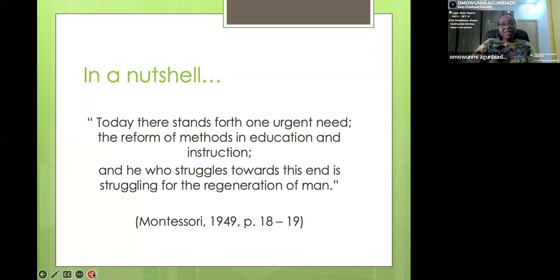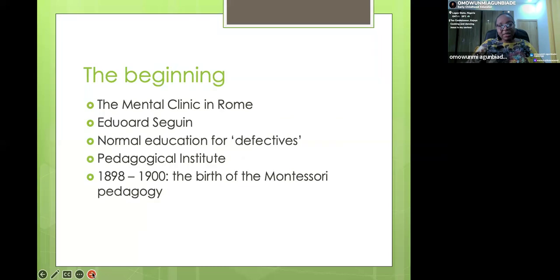So there's a need for reformation, and I know that's why we're all here: to learn, to do it better, to acquire more skill so we can be better educators in the space where we work with our children.